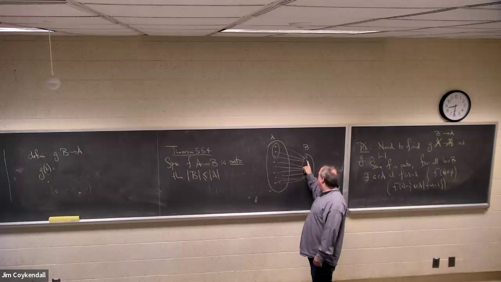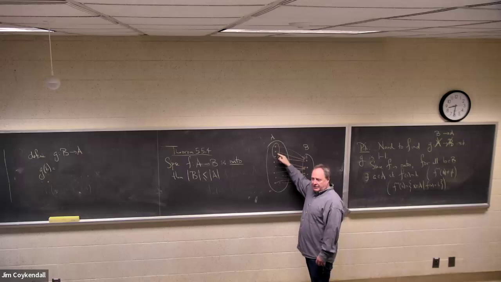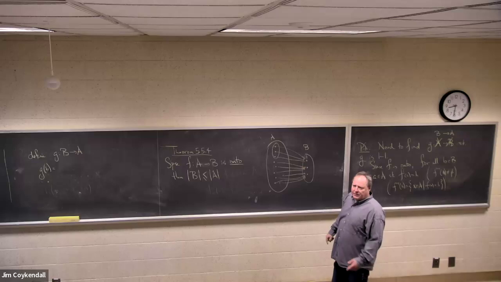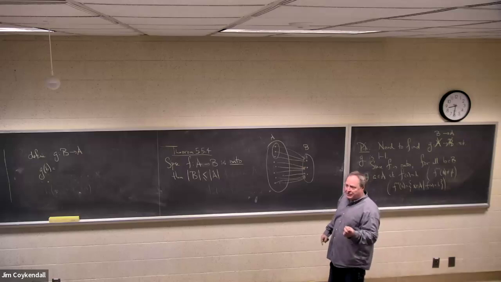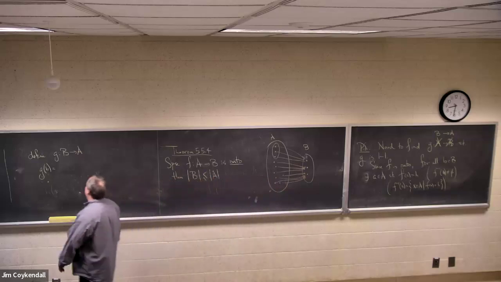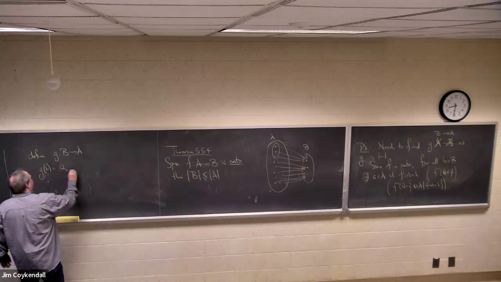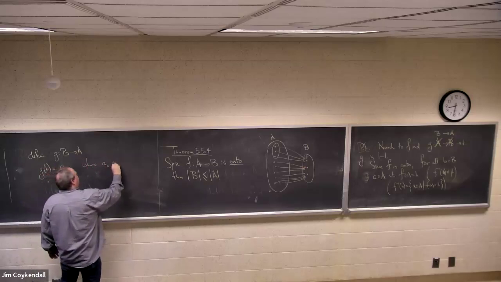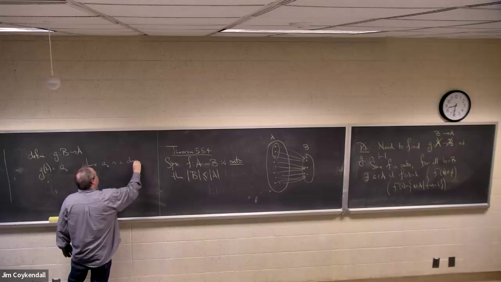Notice, can I send this to all three of these? What's wrong with that? It's not a function. To make this a function, I have to make a choice. So I'm going to let G of B be A sub B, where A sub B is a chosen element.